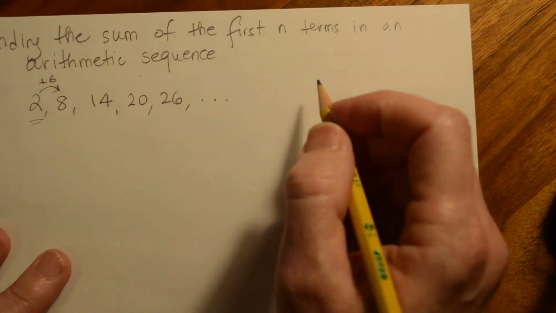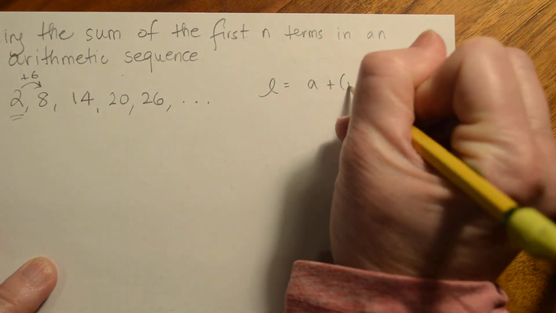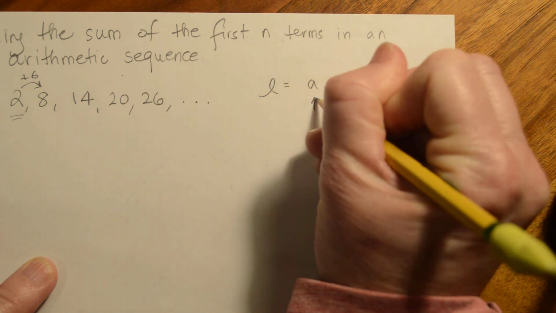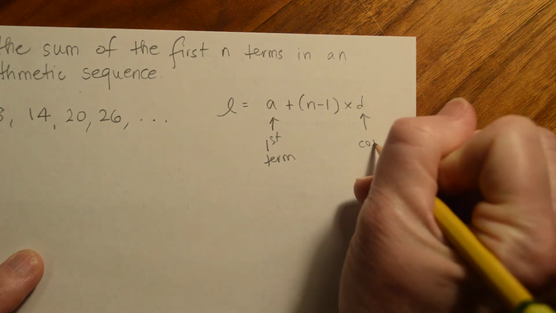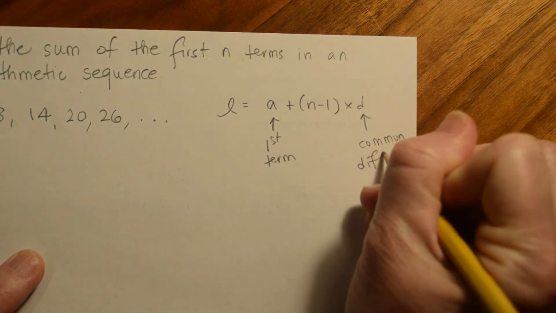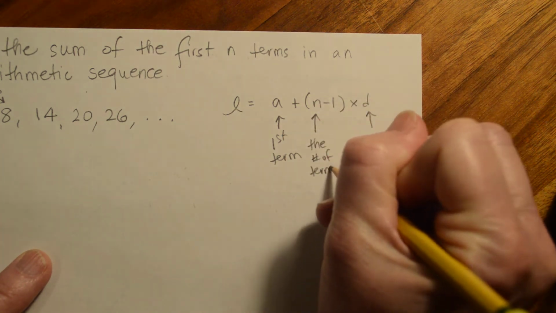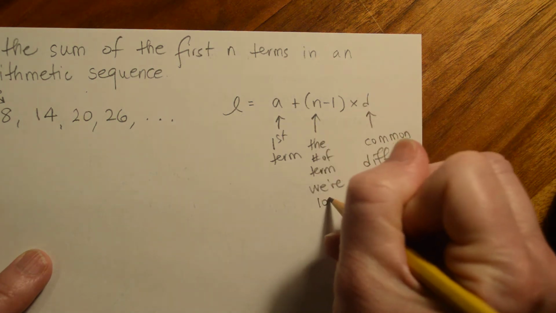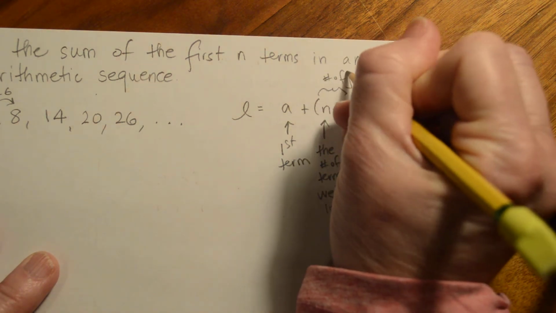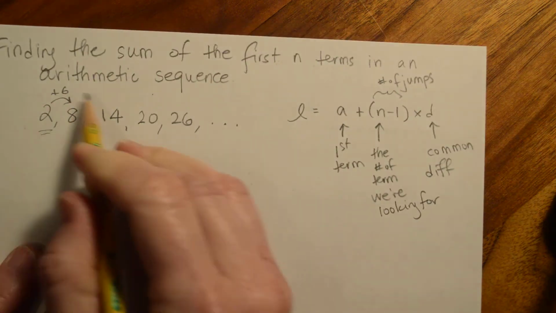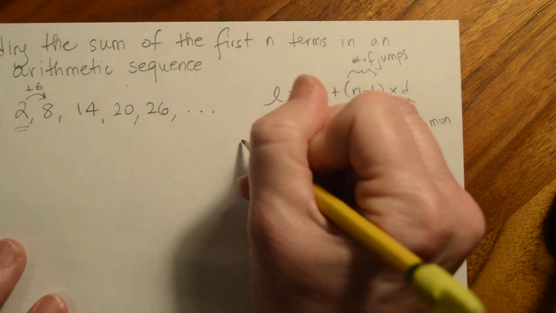So just a refresher, to find the nth term, we do L equals A plus n minus 1 times D, where A is the first term, D is the common difference, N is the number of the term that we're looking for, so n minus 1 is the number of jumps that we have to get from one term to the next, and L stands for the actual term that we're looking for, not the term number, but the term we're looking for.